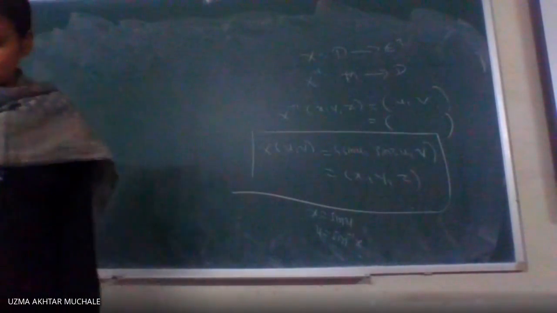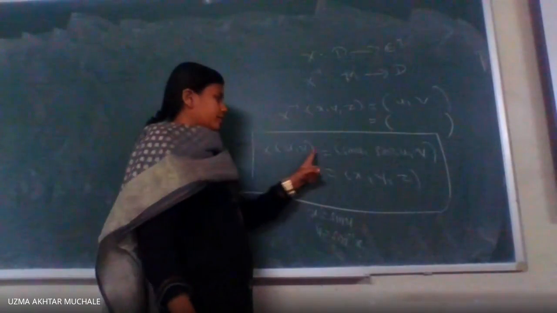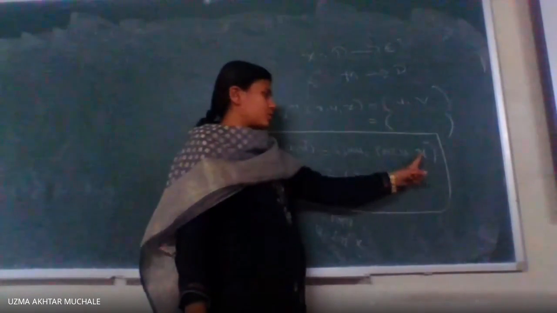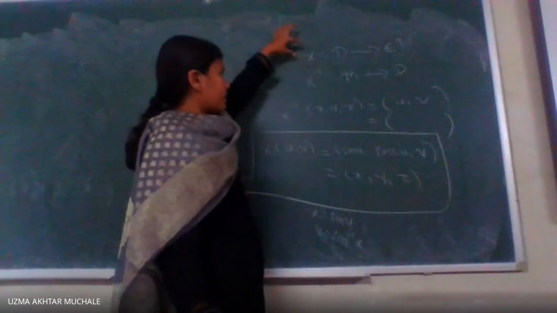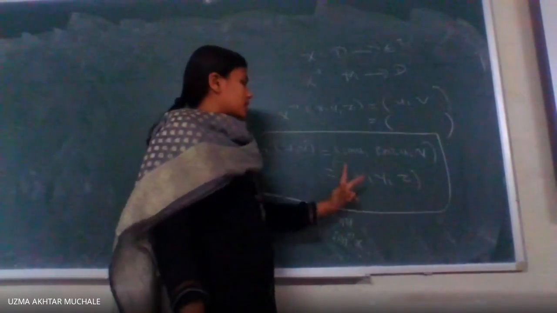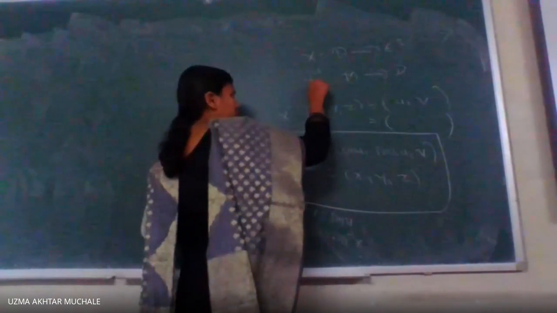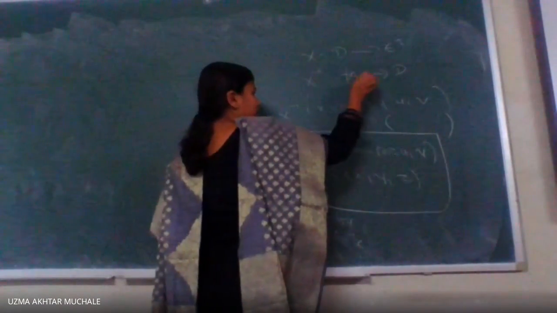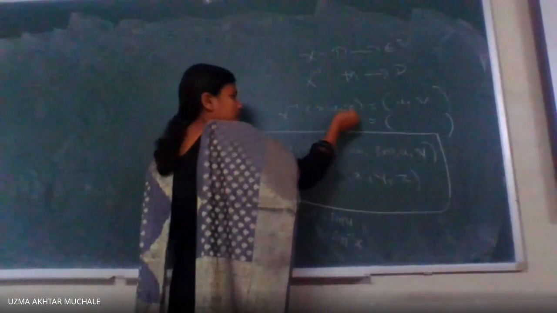Have you understood how to find x of u? We have written (sin u, sin 2u, v), which is nothing but the x, y, z coordinates from the mapping x from D to E3. In E3 we have only three variables x, y, z. In the reverse way, I am defining the mapping x inverse from M to D. So x inverse of (x, y, z) - why x, y, z?